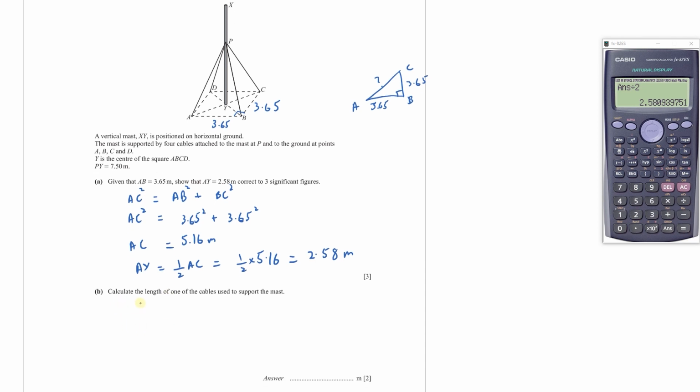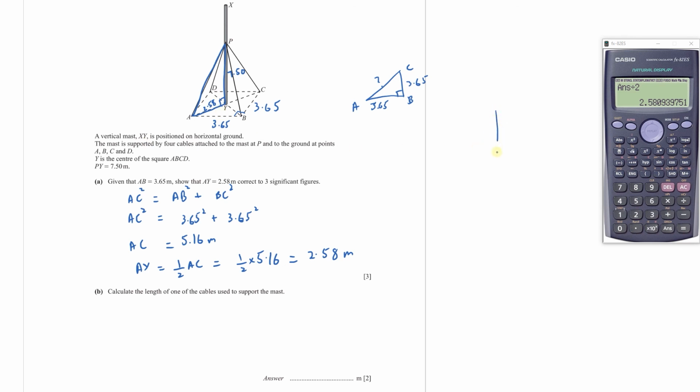Part B is calculate the length of one of the cables used to support the mast. So this is the cable. Let's use this one, this is PA. I know this length AY is 2.58, and I also know this length PY, which is given as 7.5 meters. This is also a right angled triangle, because the mast is vertical from the ground, so it will make a 90-degree angle.